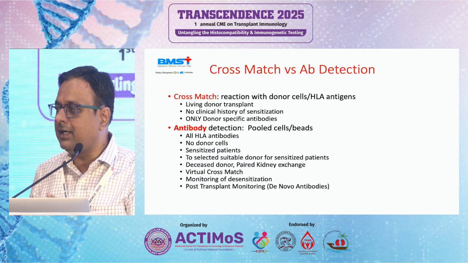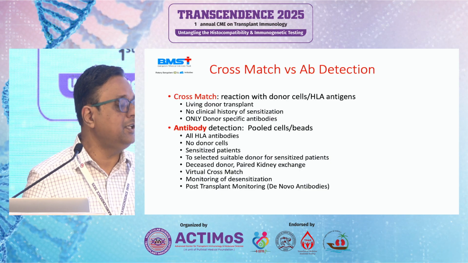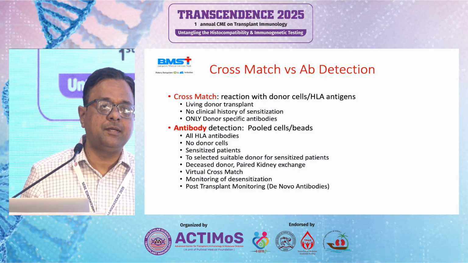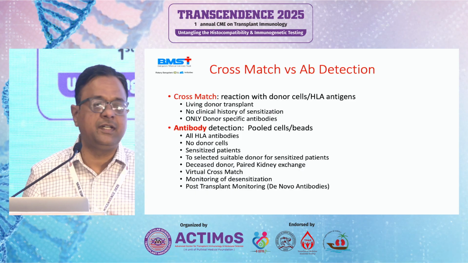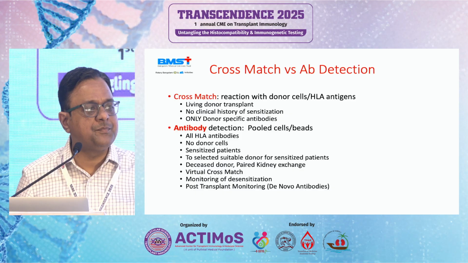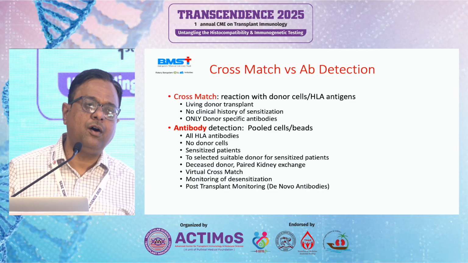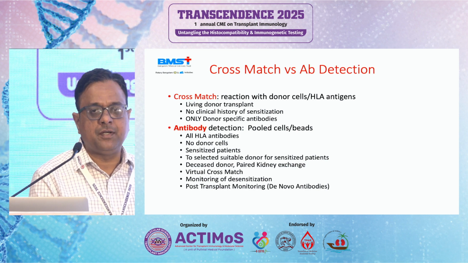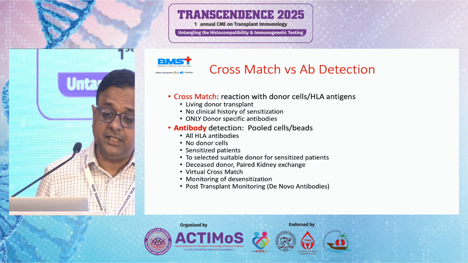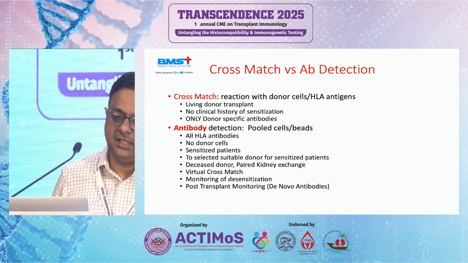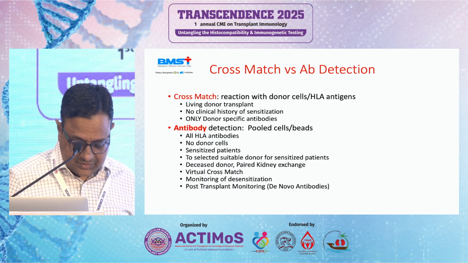We just find out whether the patient has developed any HLA antibody or not. This might be applicable for a patient who is waiting for a cadaver transplant, or who may have come from somewhere else and is just waiting for the transplant. Or maybe we want to select this patient for a paired kidney transplant program or for the virtual cross match. This is how this antibody information helps us.